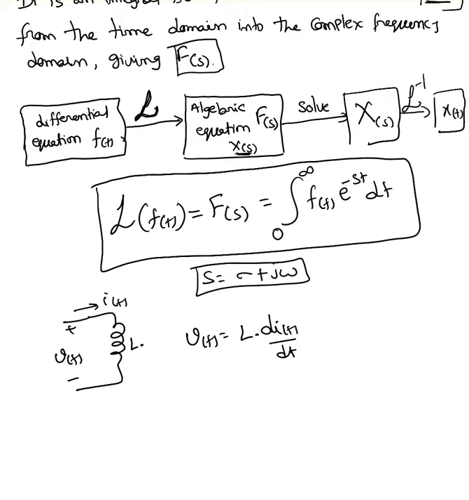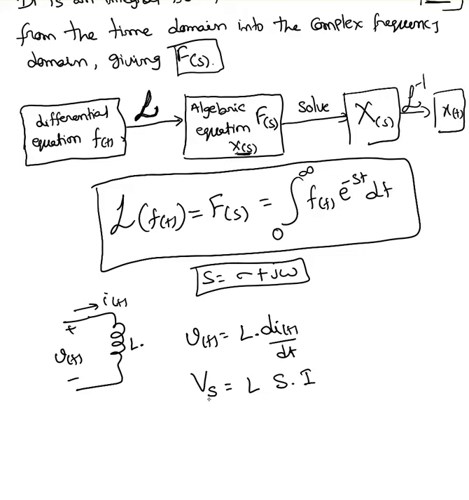Now if I use this transformation and convert this into s domain, I'm going to call this V of s. L times d by dt is going to be s times that i of t.